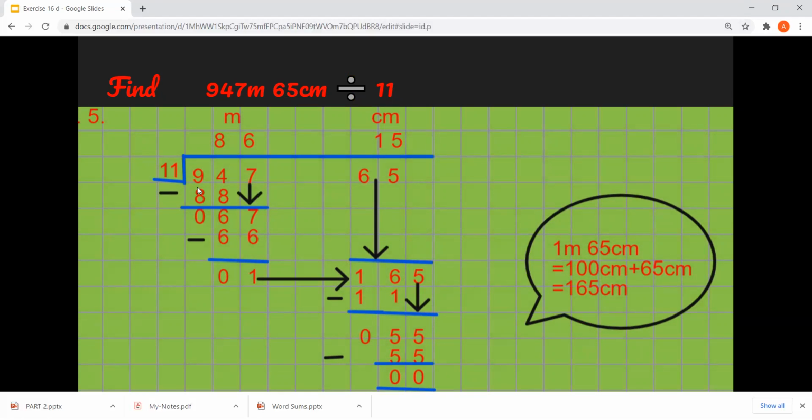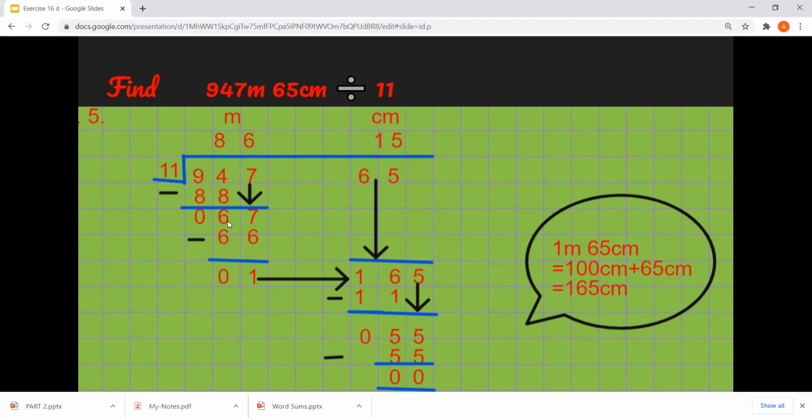The first number is 9. 9 is smaller than 11. So we will consider the first two numbers, that is 94. 11 eights are 88. 11 nines are 99. That is a bigger number. We have to write either the same number or the smaller number. The smaller number is 88. Now subtract 94 minus 88.